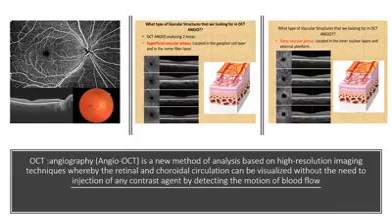Just to know, the superficial plexus is found at the level of the ganglion cell layer and the nerve fiber layer, while the deep plexus is located in the inner nuclear layer and external plexiform layer. The advantage of OCTA is the visualization of these layers, especially the deep plexus, which cannot be seen by fluorescein angiography. And I will show you how OCTA is useful in some cases of posterior uveitis.